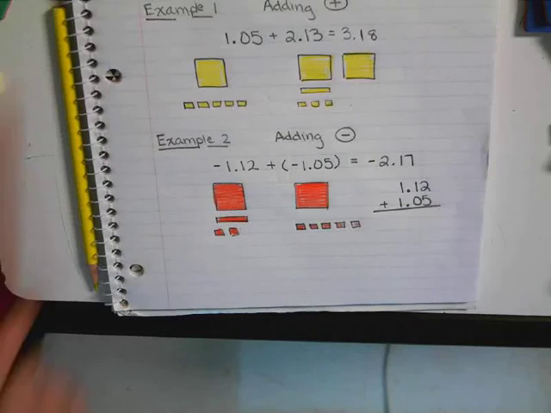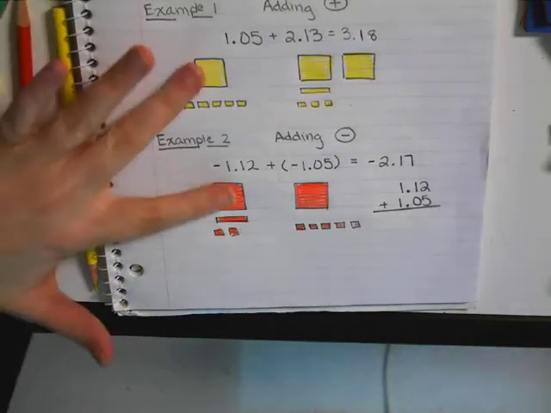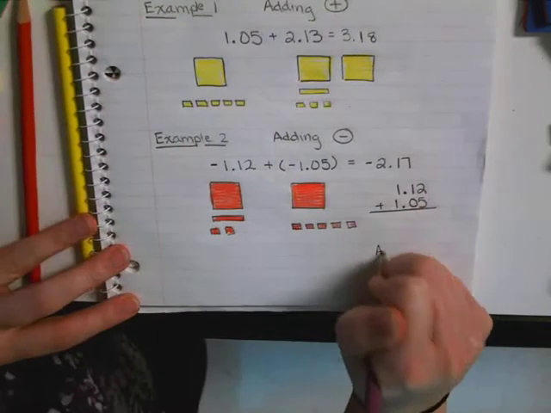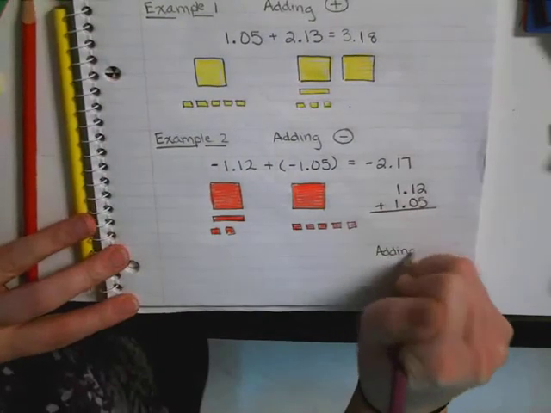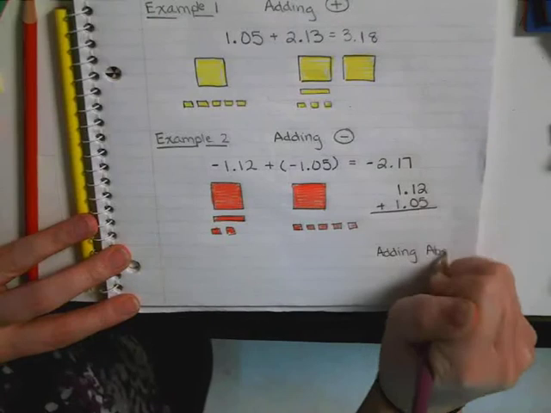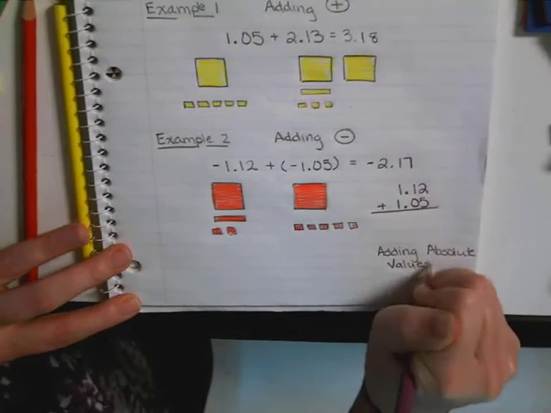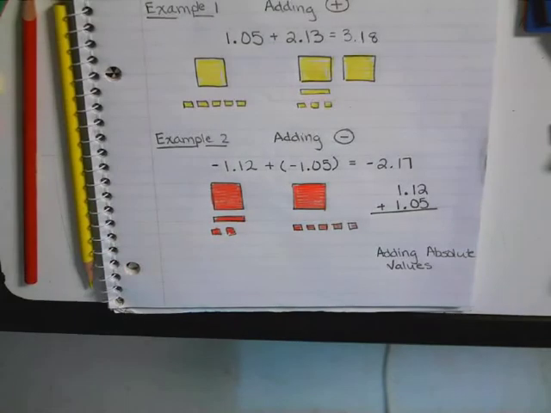Don't second guess. Whenever I have the same signs, you're really adding their absolute values. And then if the regular numbers are positive, my answer is going to be positive.